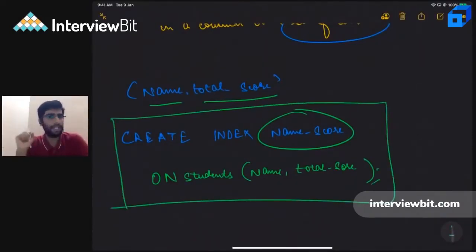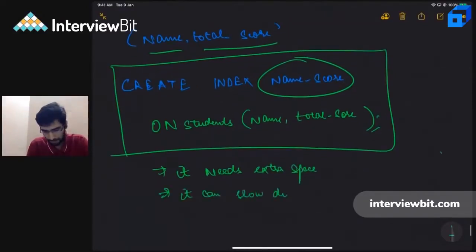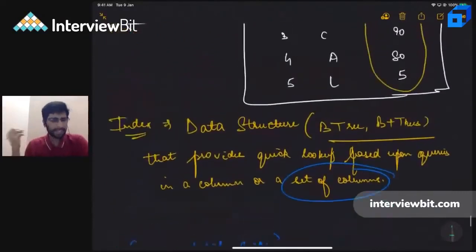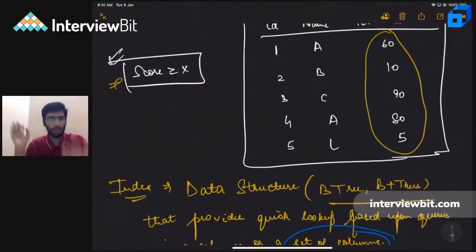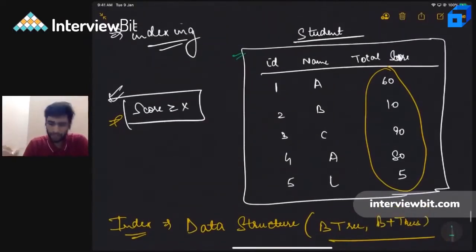What is the disadvantage of an index though? The disadvantage of an index is that it needs extra space, but that is fine. Extra space is not a big issue, but it can slow down writes. Let us say we don't know about B trees or B plus trees, but you had to implement an index yourself. You can say, I will always maintain this table in sorted order of total score.